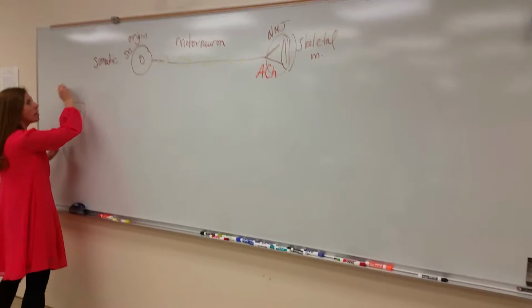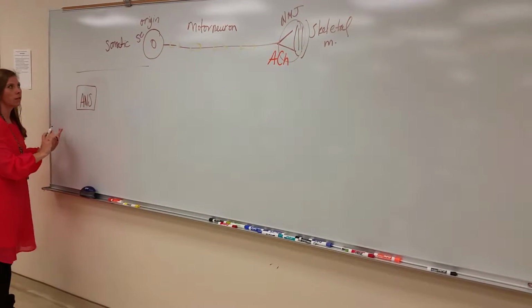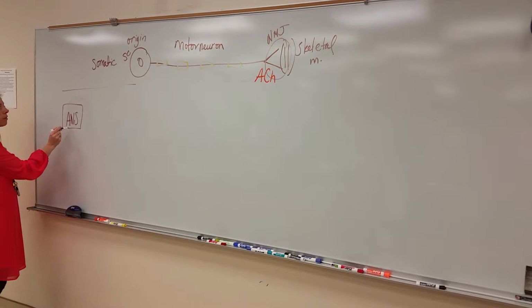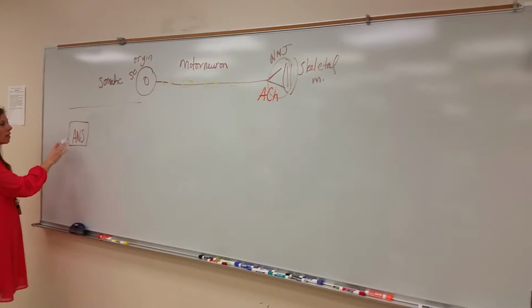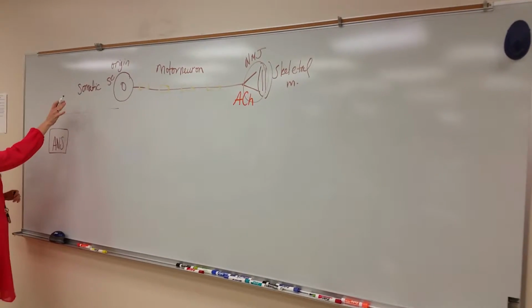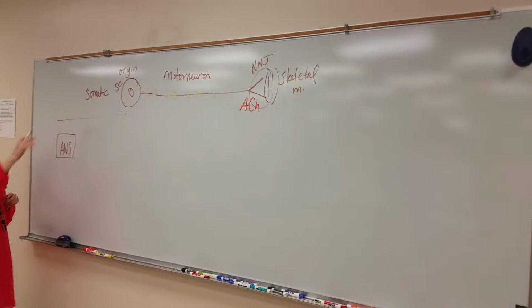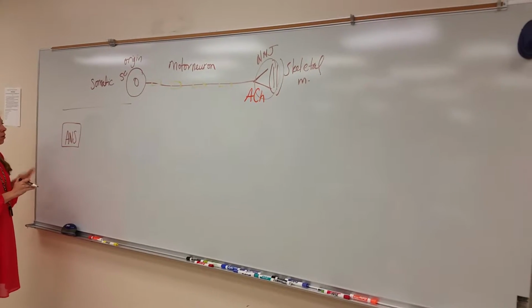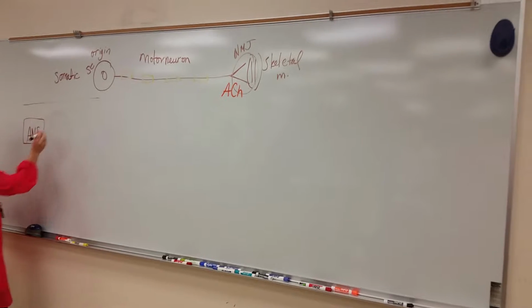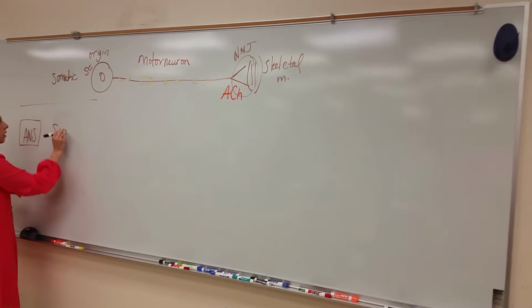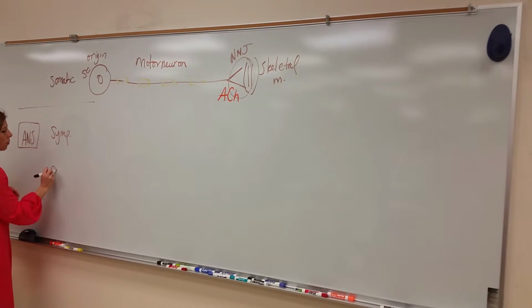The autonomic nervous system has two different divisions, and somatic is not the same as autonomic. Autonomic connects to glands and organs and is involuntary. Somatic is voluntary and only connects to skeletal muscle. The autonomic divisions are sympathetic and parasympathetic.